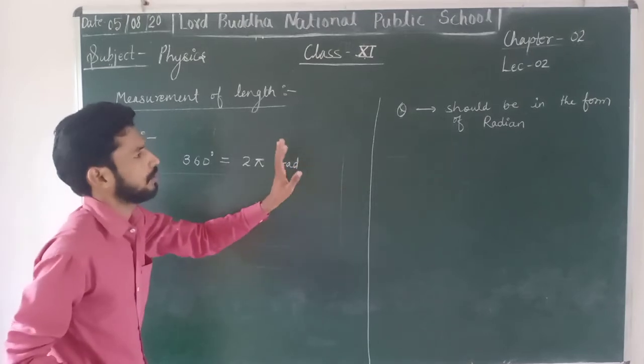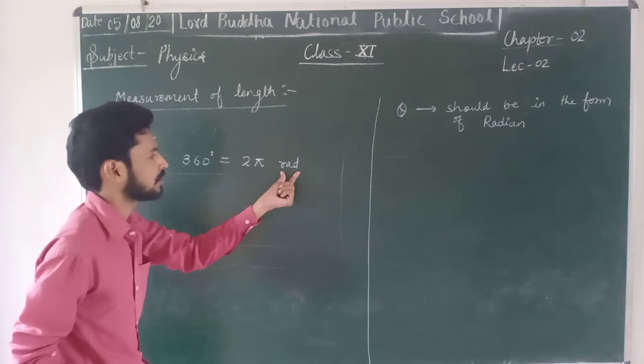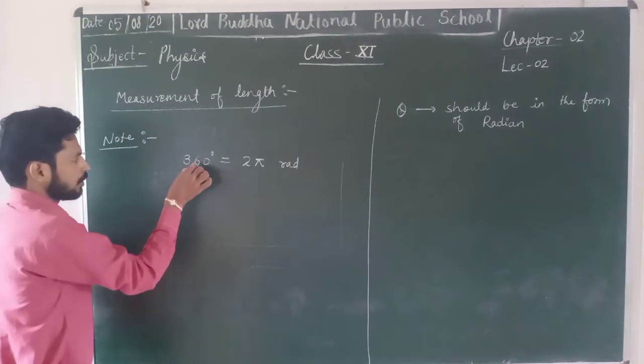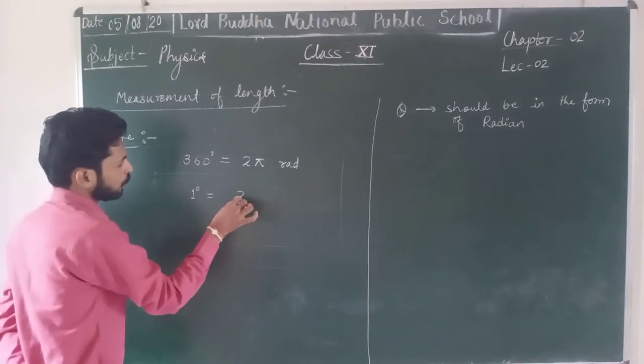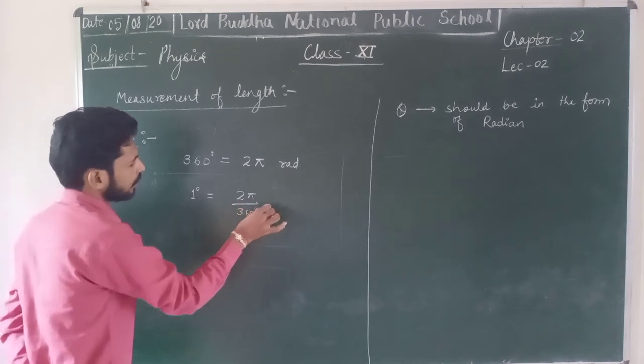You can write the full name radian, otherwise the symbolic form rad. So 1 degree equals 2 pi upon 360 radian.